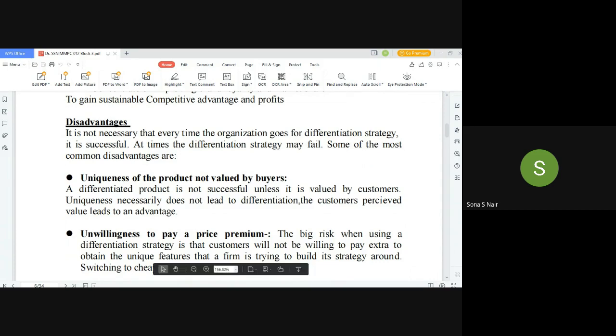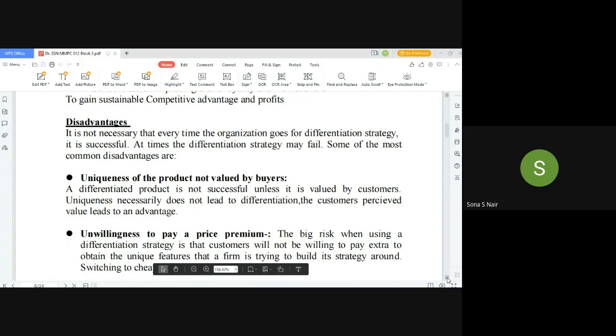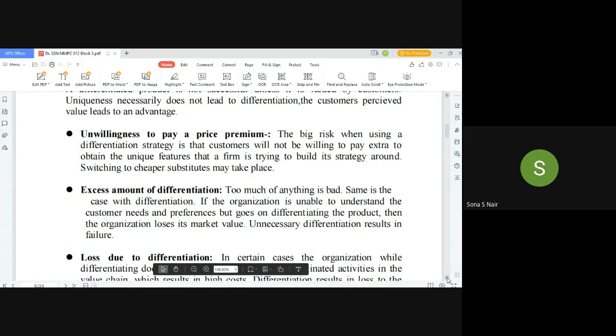Unwillingness to pay a price premium: if the differentiation which is created by the organization is not valuable to the customer, they may not be willing to pay a price premium on that. So where is the failure? The failure is with the research wing of the firm, which was not able to find out what were the special things that the customers wanted, and they made something else.